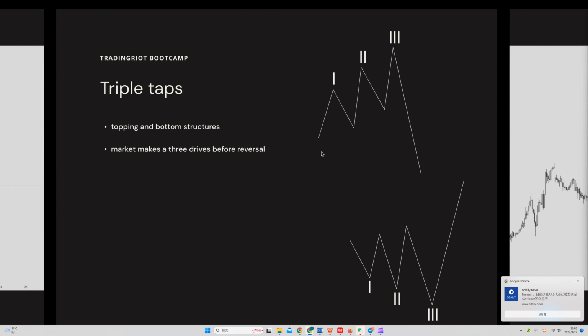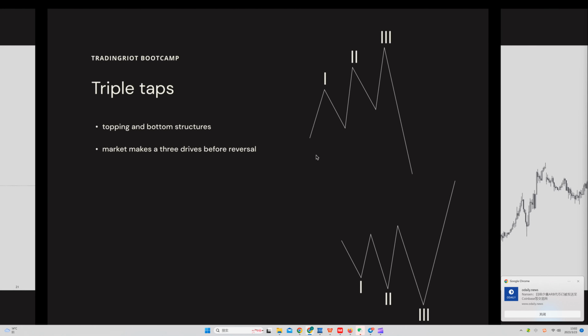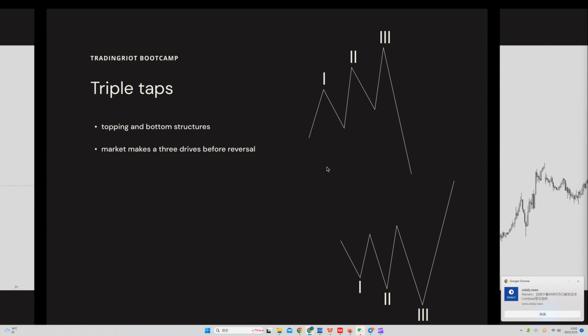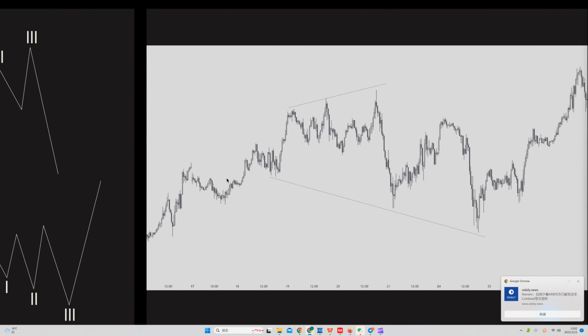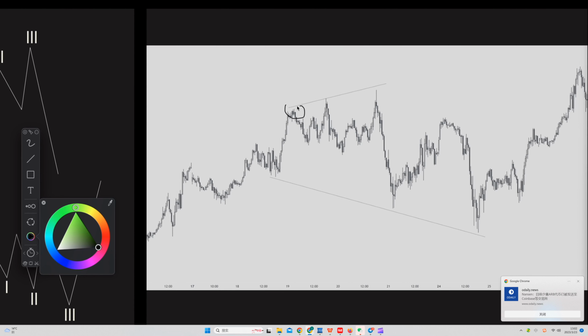Okay, so V reversal, the triple taps, topping and bottoming structures: markets basically make three drives before any reversals. If you take a look at the chart, this is crude oil, and you can see how you make a 1, 2, 3 drives to the upside.